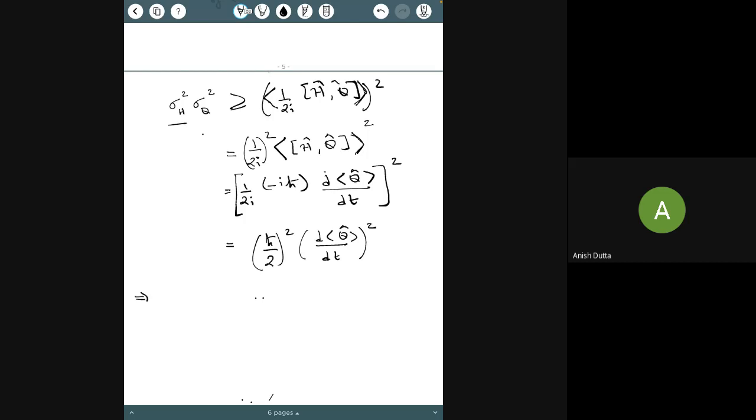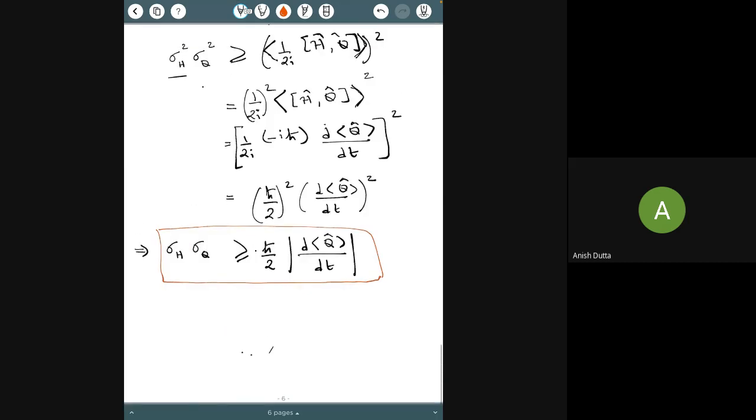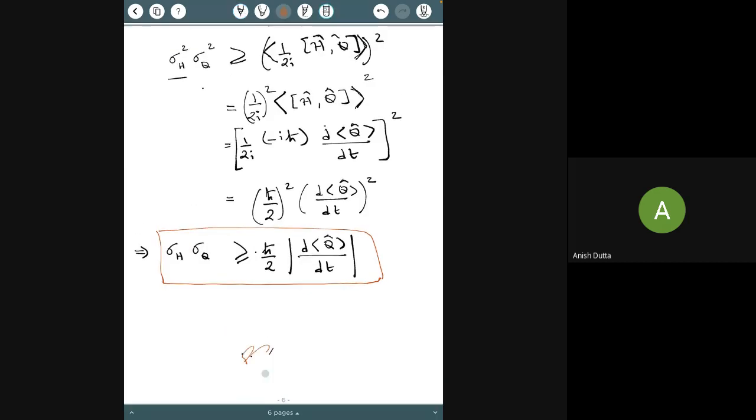And if I take a square root now, then I can say that sigma h into sigma Q is greater than or equal to h cross by 2 and magnitude of dQ/dt. So this is my final general uncertainty relationship for some observable whose operator is not directly dependent on time.